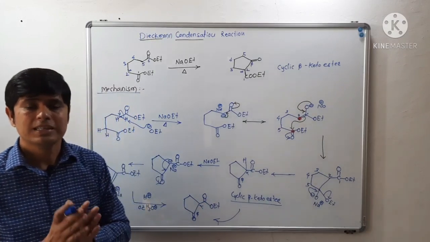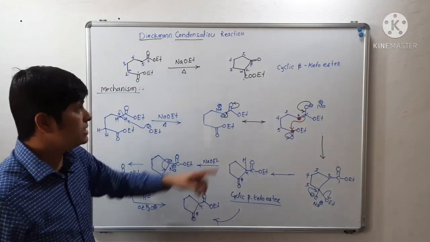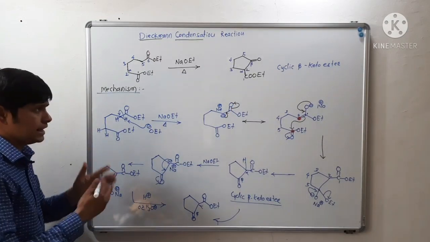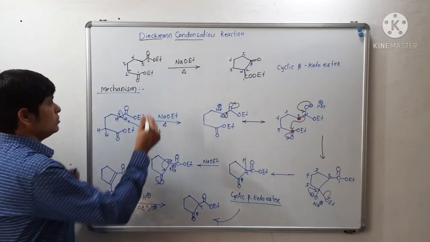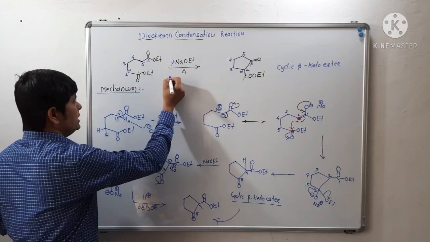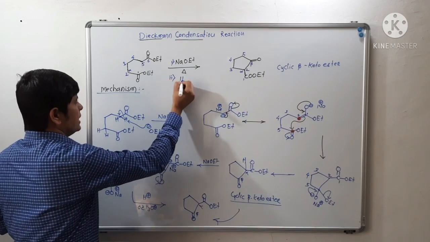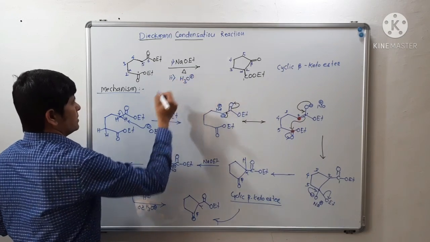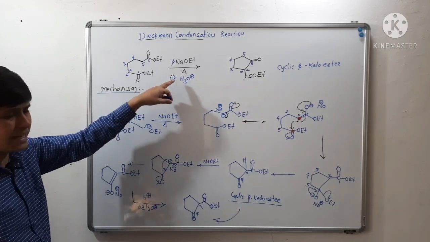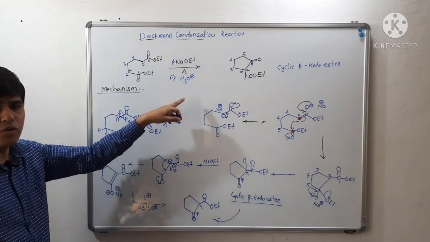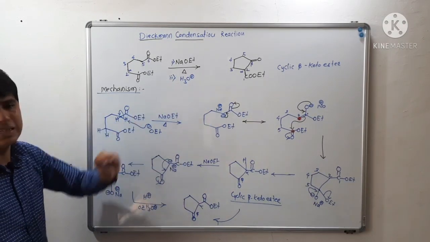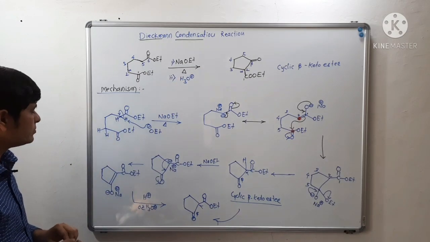So here you can write NaOEt in the first step, and in the second step H plus. Lastly we have to add dilute HCl for aqueous workup.